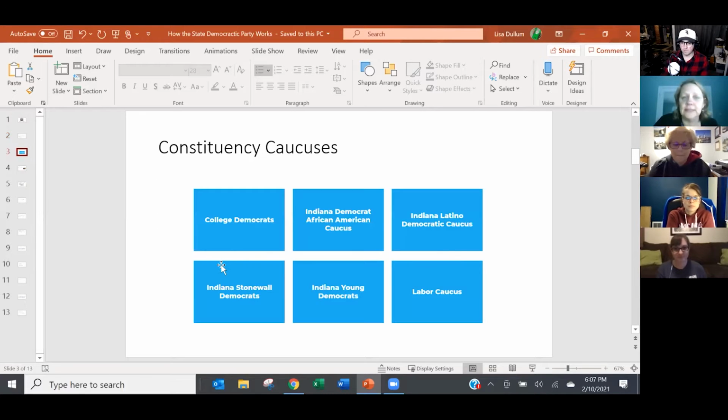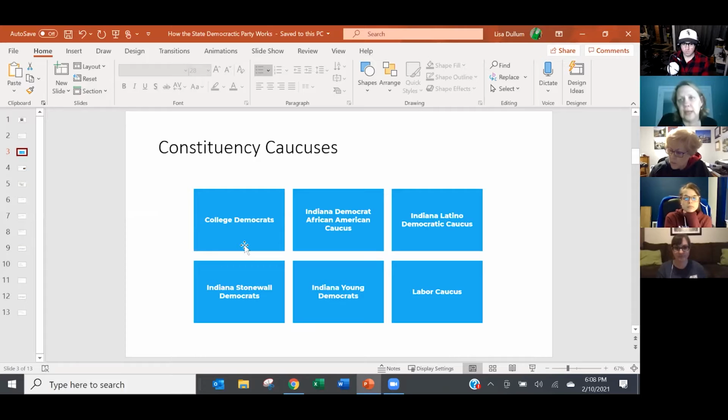I talked about the constituency caucuses in the Indiana Democratic Party. We have 6 constituency caucuses that are statewide, so they have a vote at the state level. Those are the College Democrats, the Indiana Democratic African American Caucus, the Latino Caucus, Stonewall Democrats, which are the LGBTQ caucus, the Young Democrats, and then the Labor Caucus.